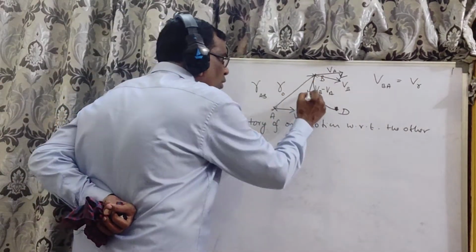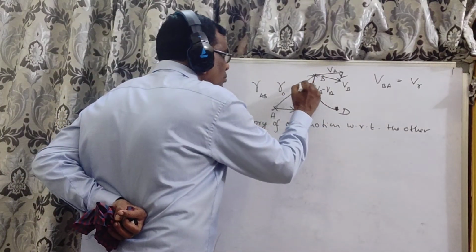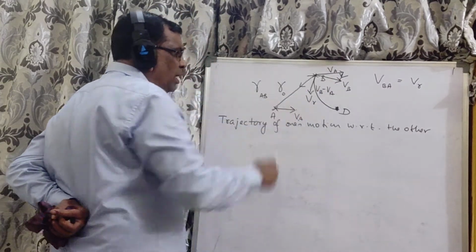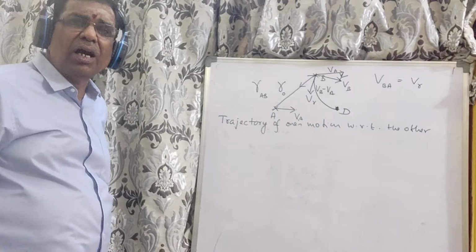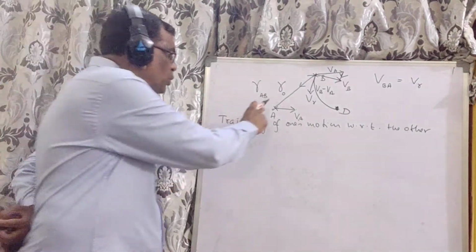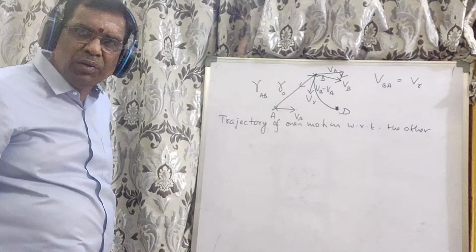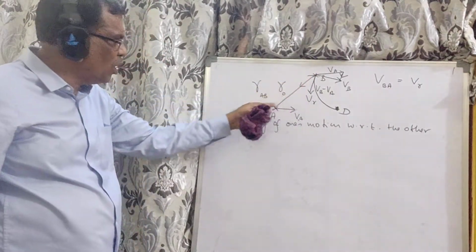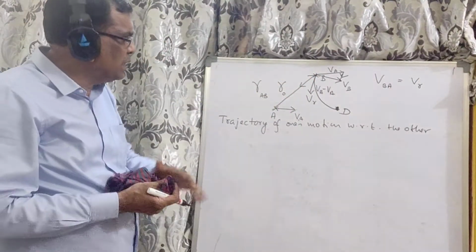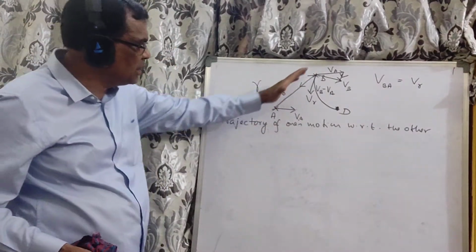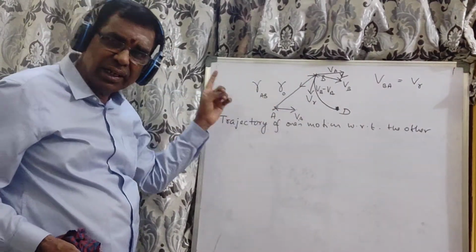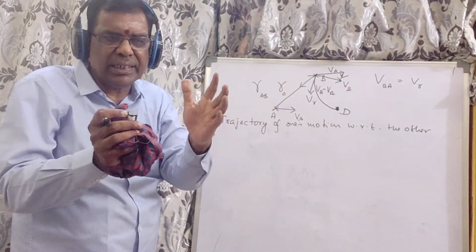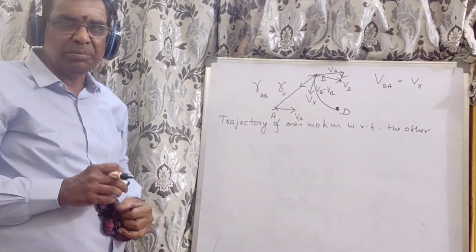See, this velocity V_R has a component along the radius, or opposite to the position vector. You get this point? This has got a component opposite. That means this is tangential to this line, and because of this, the distance is getting reduced.